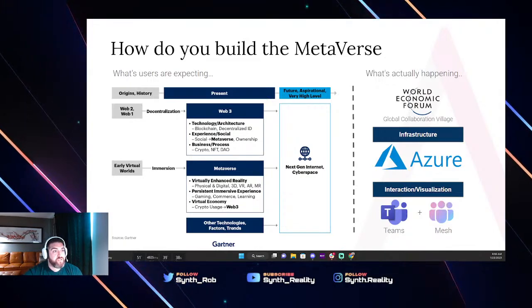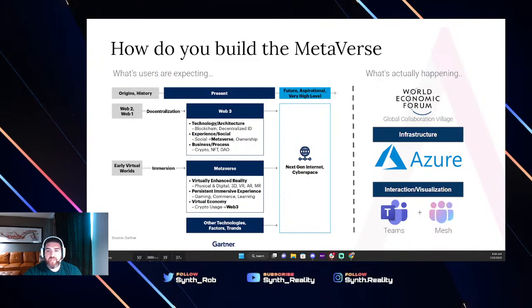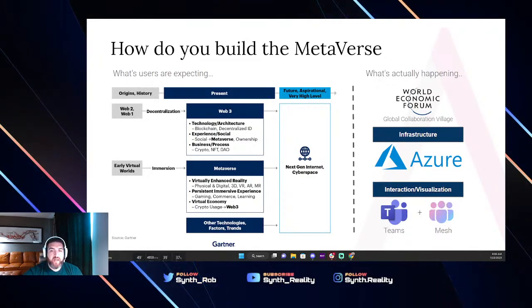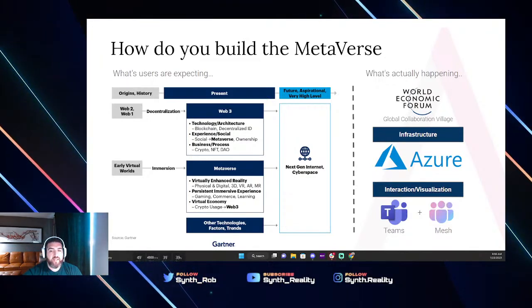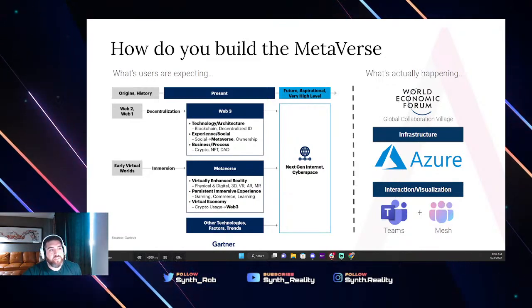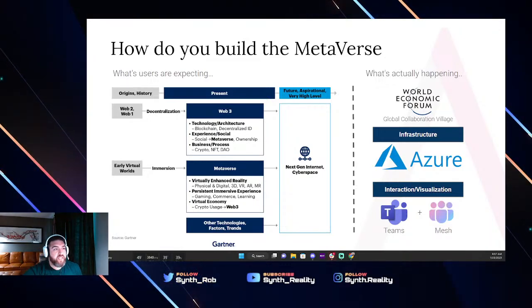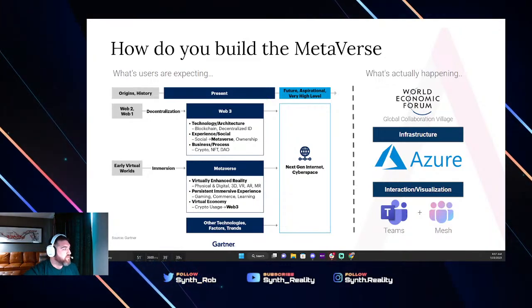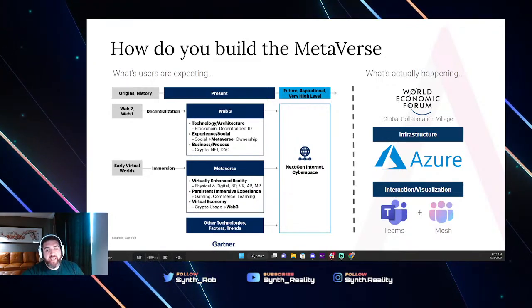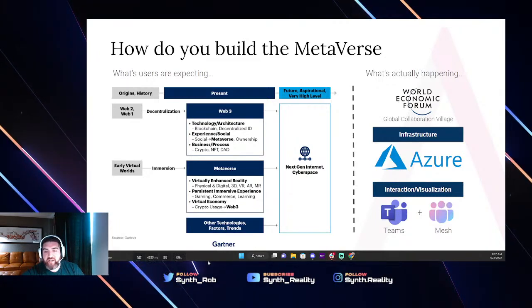When you couple that with a metaverse, what that is doing is saying, okay, there's a physical and digital world. There's 3D, AR, and VR, right? This very standard metaverse term. Then you have this gaming and commerce aspect of it, and you have virtual economy, right? So the ability to use or interact with cryptocurrency and have an interesting experience, and ultimately drive to being a persistent immersive experience with its own economy created by it.